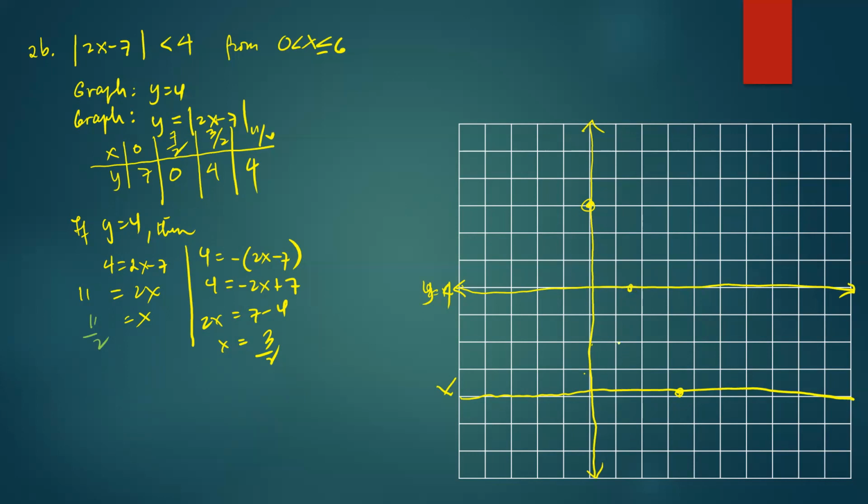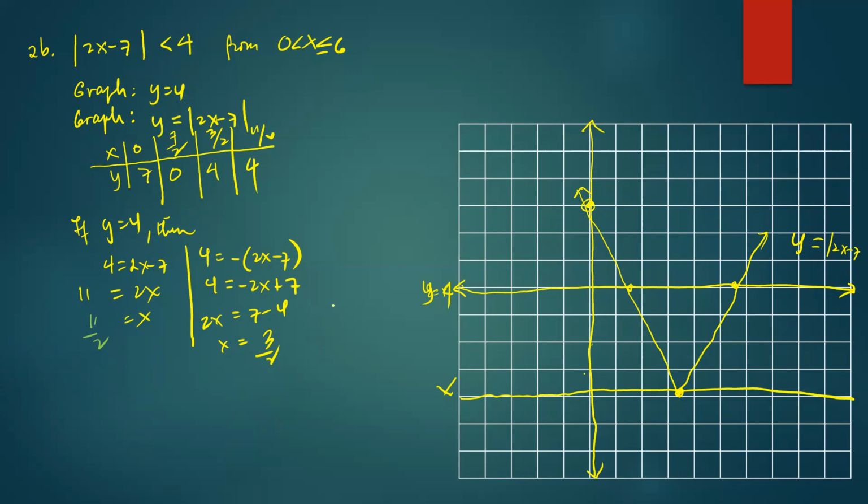Okay. Then we have 11 by 2 is 5 and 1/2, right? So 1, 2, 3, 4, 5 and 1/2 up to 4. There you go. So connect the dots. All right. So this is now the graph of our modulus of 2x minus 7.